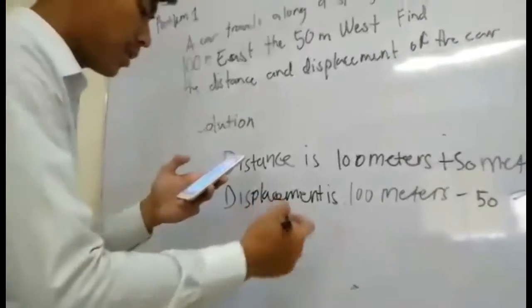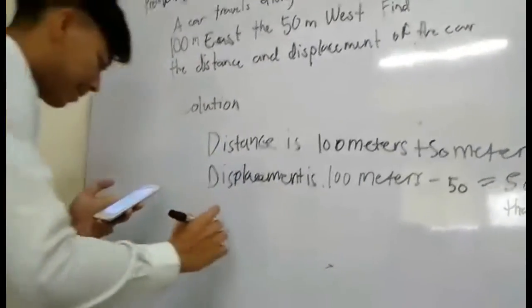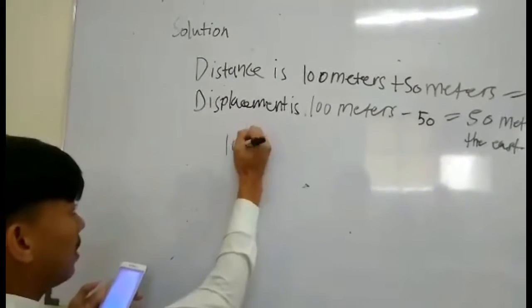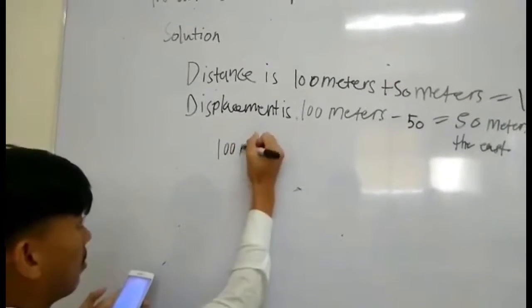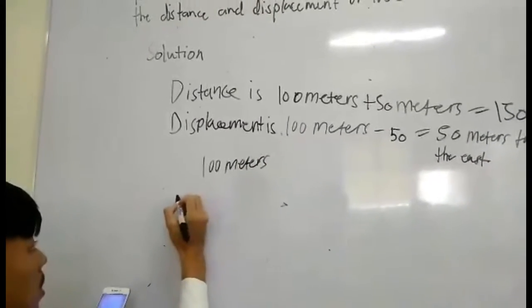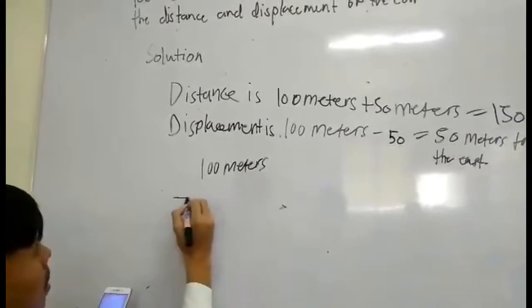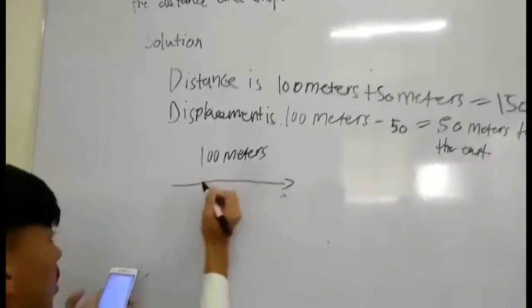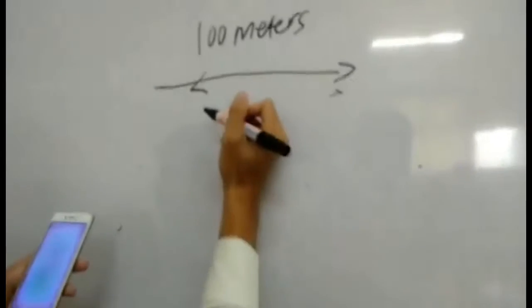Here is the illustration of the problem. 100 meters going, traveling along a straight road 100 meters.